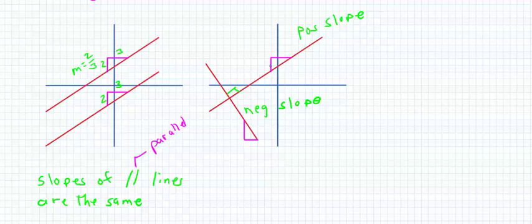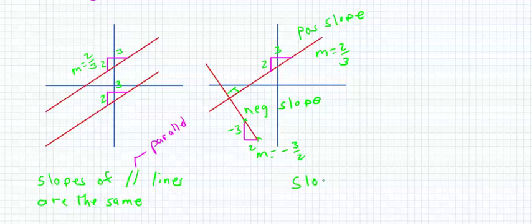And I see here that our slope is again 2/3. But here, going from here to here, we go down 3 over 2. Our slope is negative 3/2.